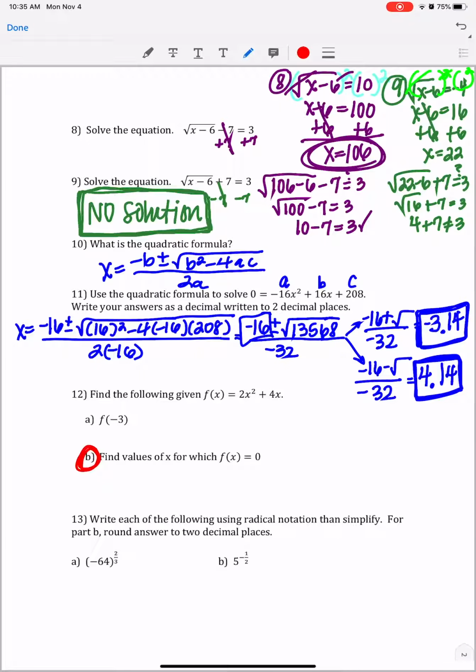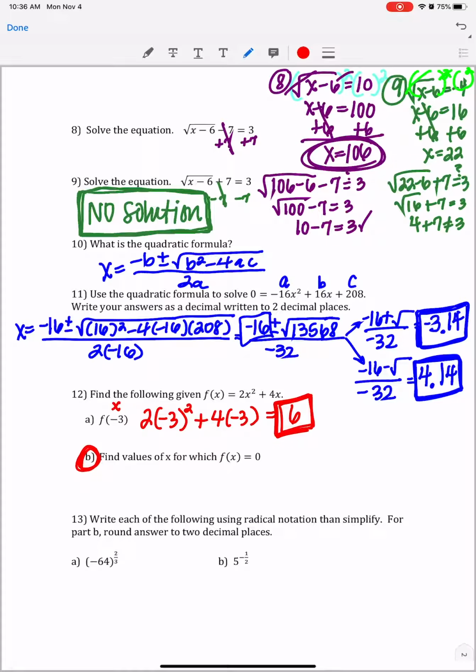One of them has f of negative 3, and one is f of x equals 0. When you have something in parentheses, this is your x, and everybody's good on this one. So we will do 2 times negative 3 squared plus 4 times negative 3. This is calculator work. You get 6.